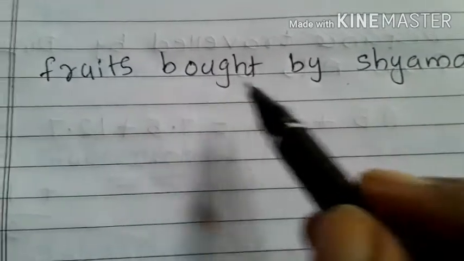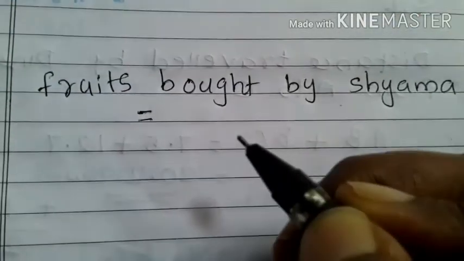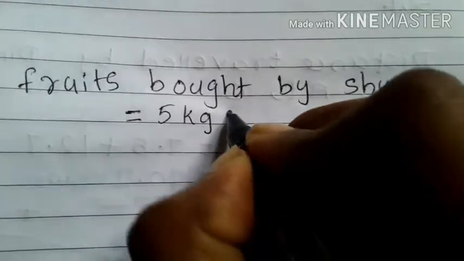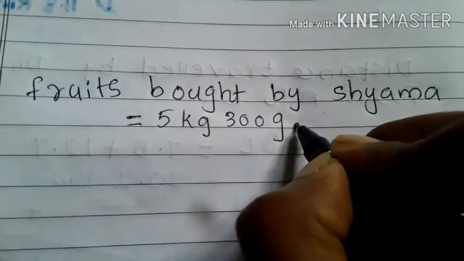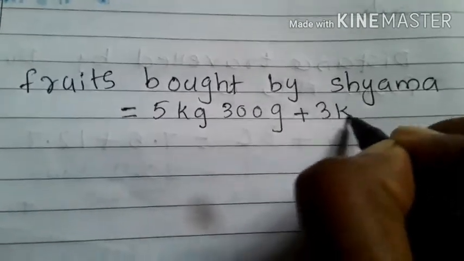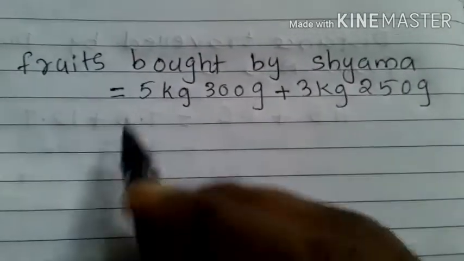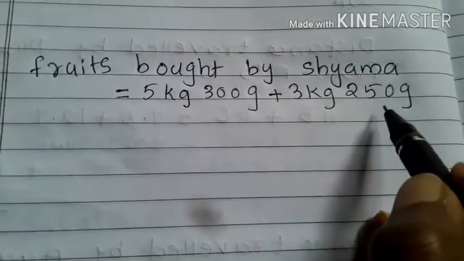Solution: fruits bought by Shyama, 5 kilogram 300 gram and 3 kilogram 250 gram.